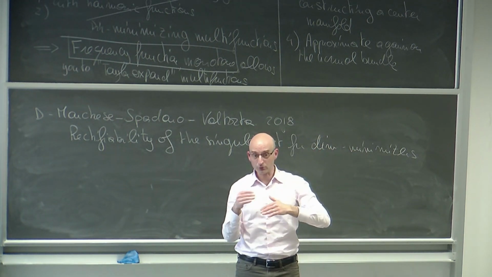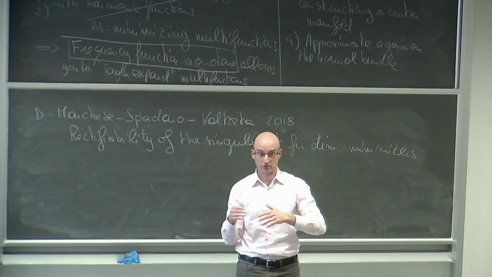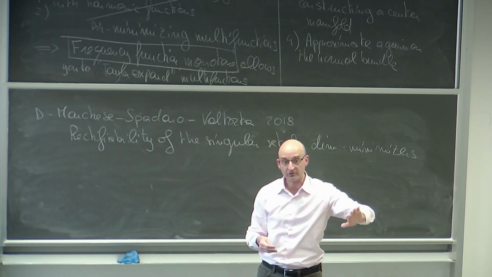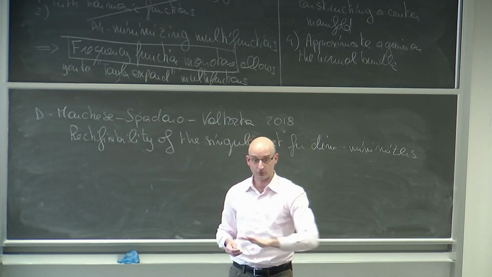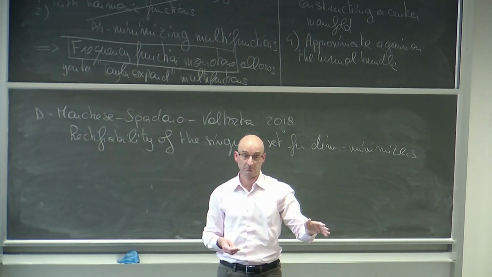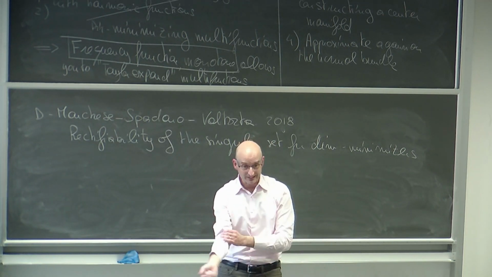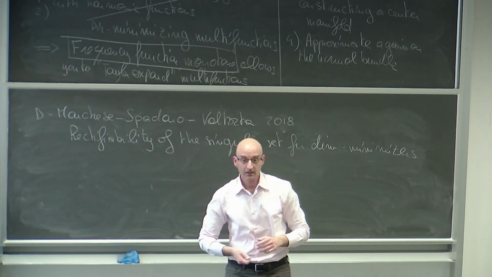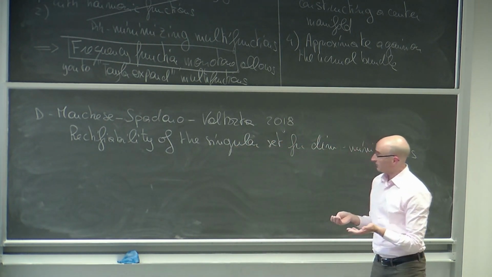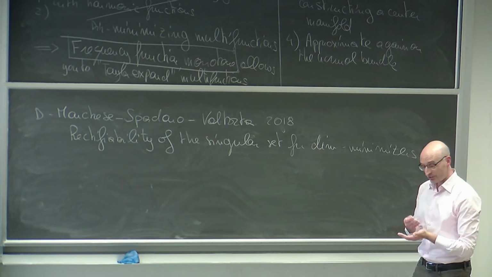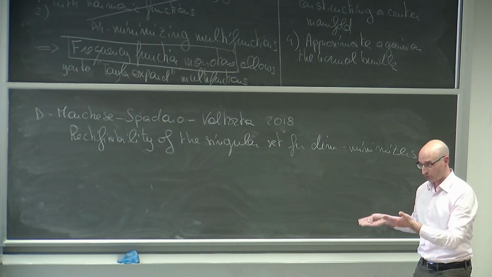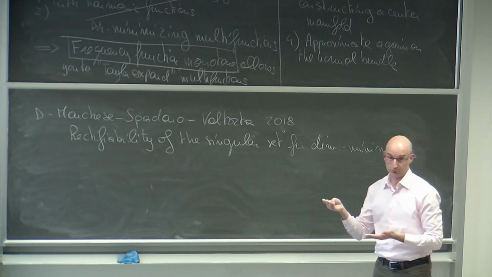So there are two situations. One is a lucky situation. You've got a bunch of singular points, and there is a single center manifold for some reason which is passing through all of them. Okay, that's not very likely, but it might happen. And there is a paper like that. And there's the other situation in which these things start changing and hopping around.